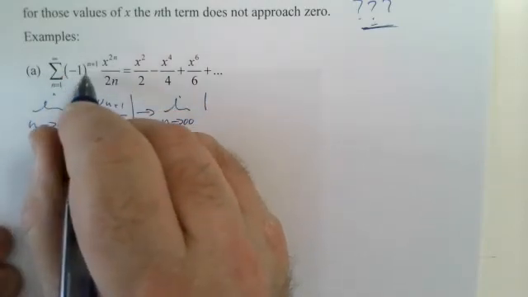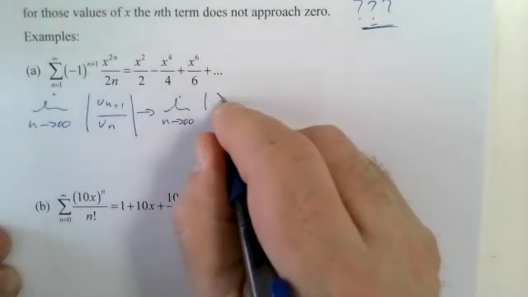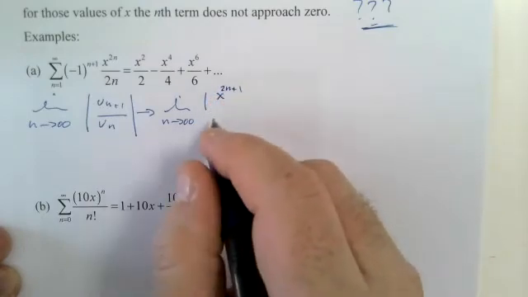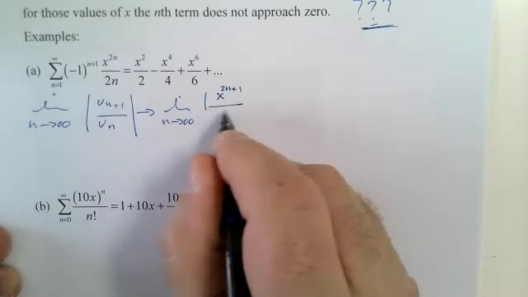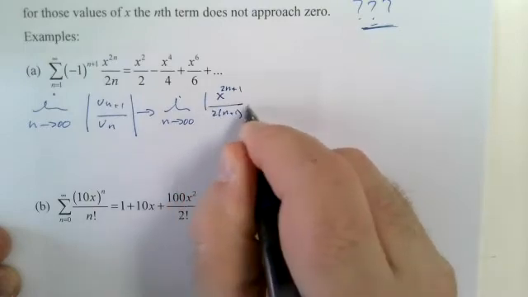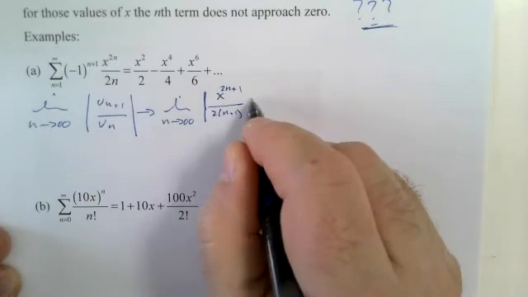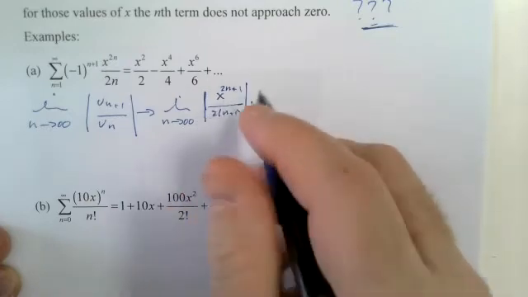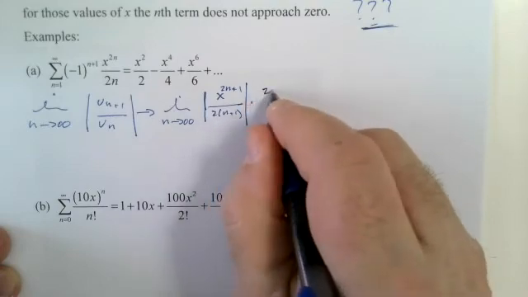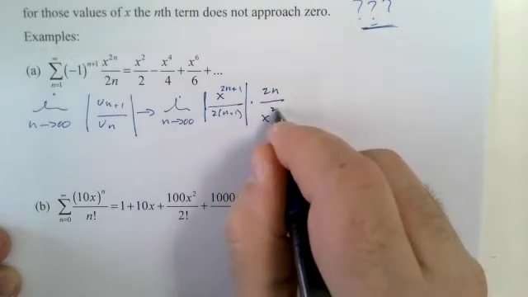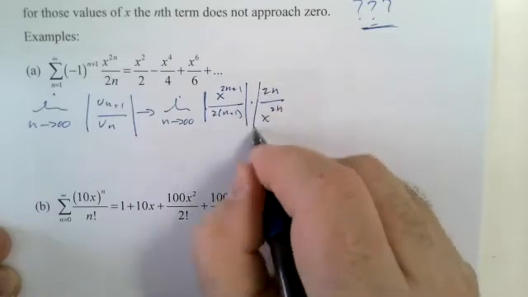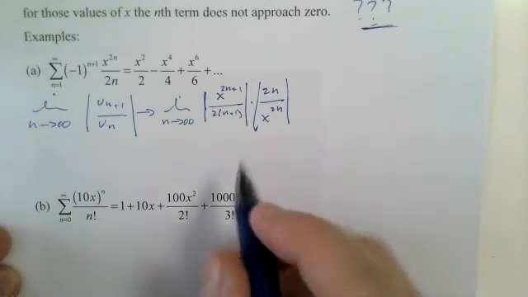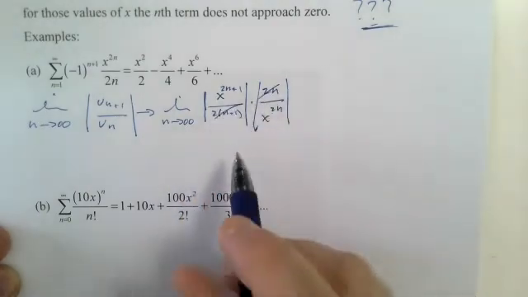Ignore this. x to the 2n plus 1 over 2n plus 1 times 2n over x to the 2n. I don't need the absolute value at all because it's 2, but I'll put it in there anyway. I can't help myself. Okay, 2n, see ya.